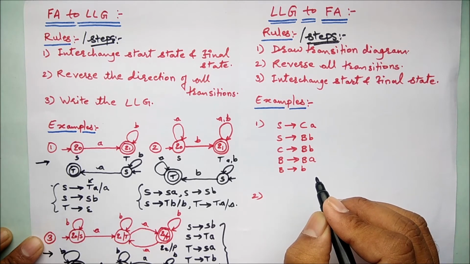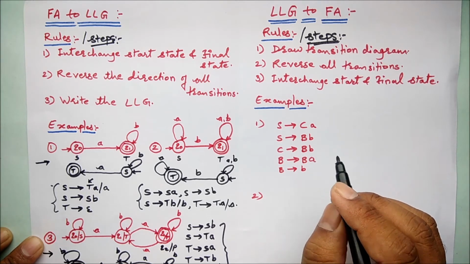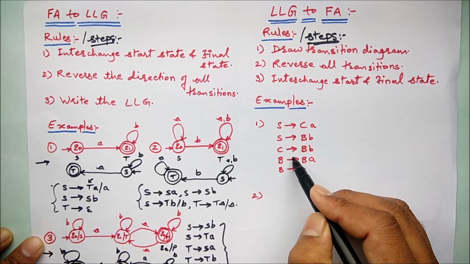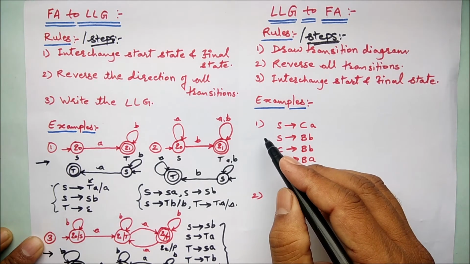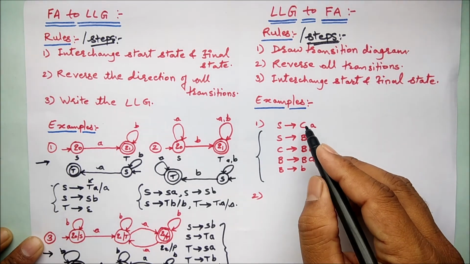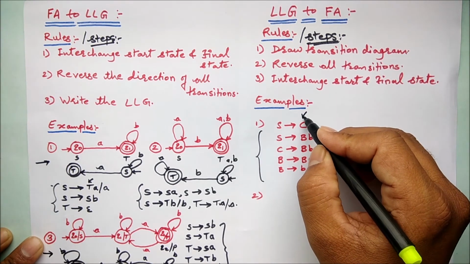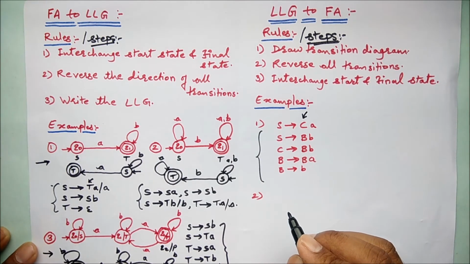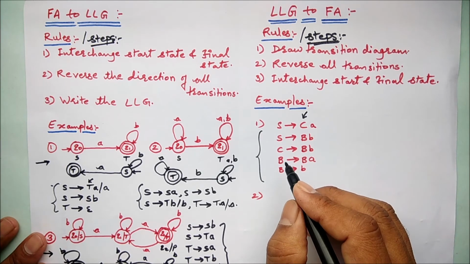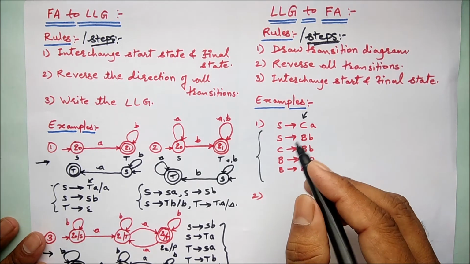So this is one example in front of you, my friends, where we have 1, 2, 3, 4, 5 production rules given here, and as you see, all the non-terminals are written on the left side. We can say this is an LLG, and let's see how many non-terminals are there.